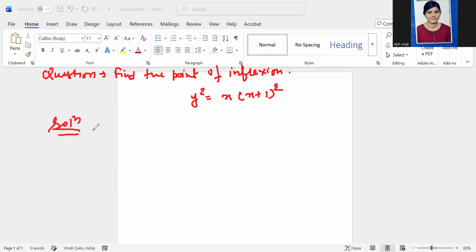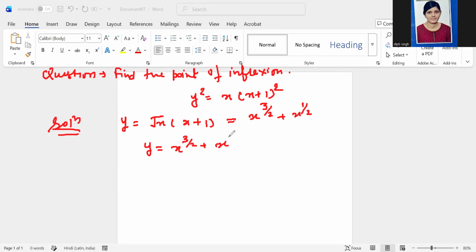Yes, we can. It will be y equals square root of x times x plus 1, which we can write as x to the power 3 by 2 plus x to the power 1 by 2. Now the procedure is the same. Find the first derivative, then calculate the second derivative, put it equal to 0, then calculate the points. So firstly differentiate with respect to x.